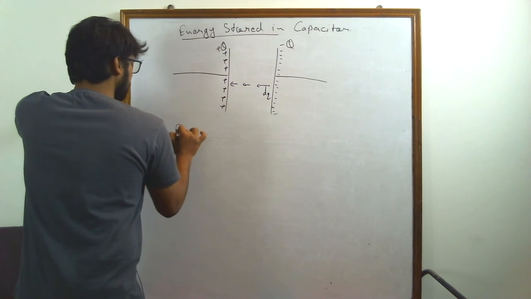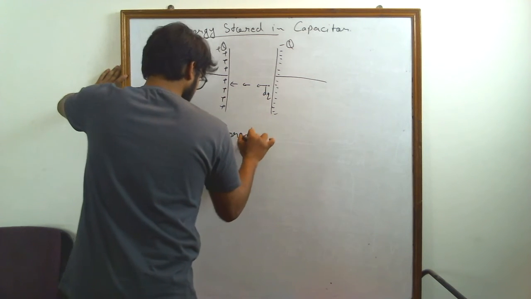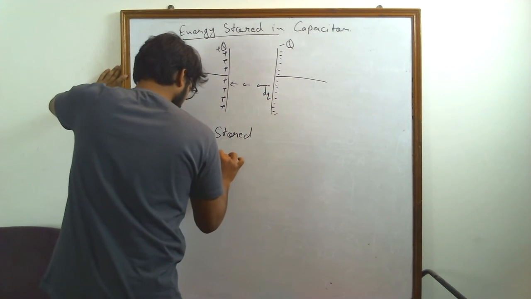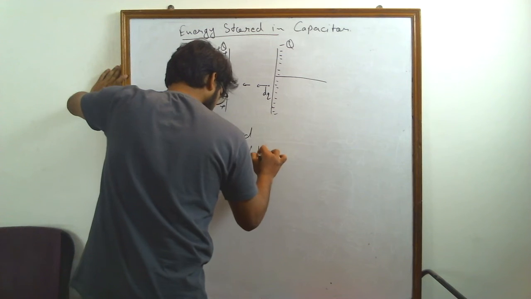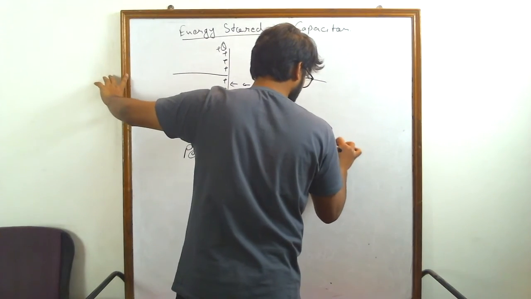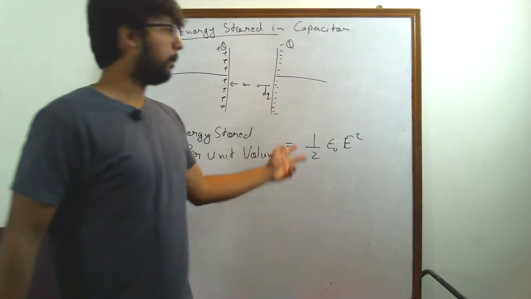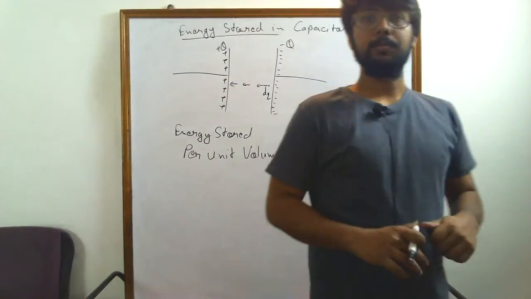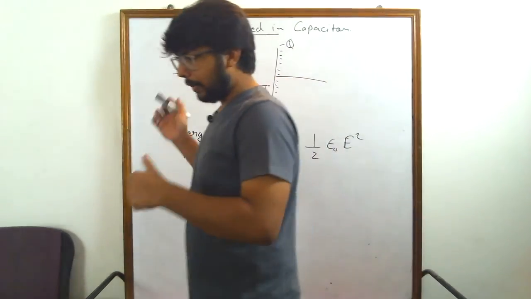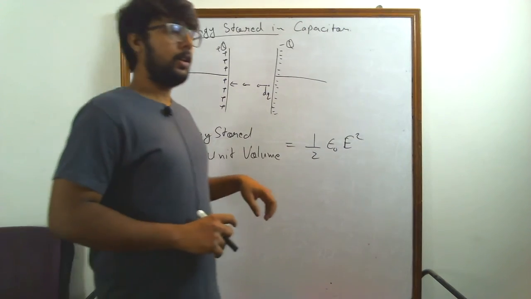Therefore, energy stored per unit volume is now equal to half epsilon naught E square, right? Because we divided by the volume.